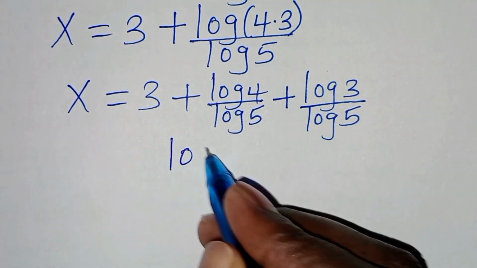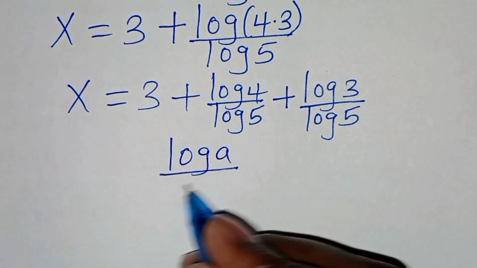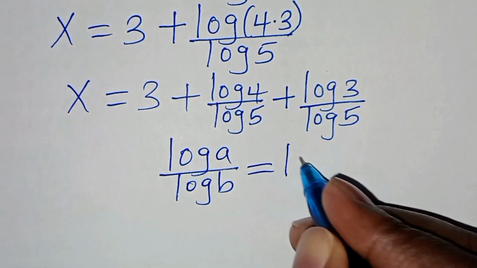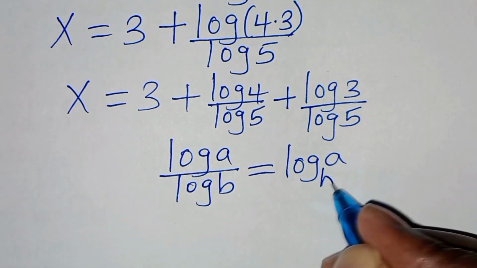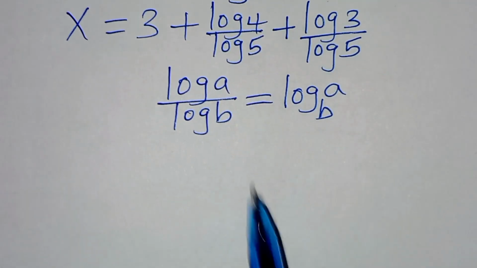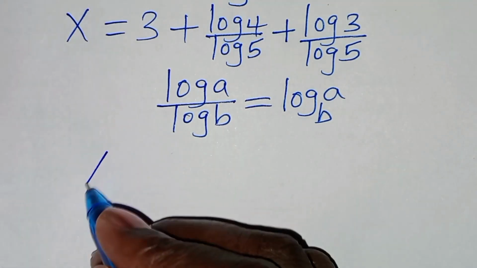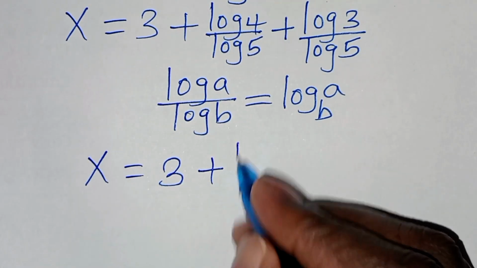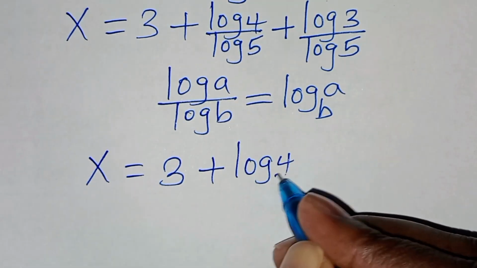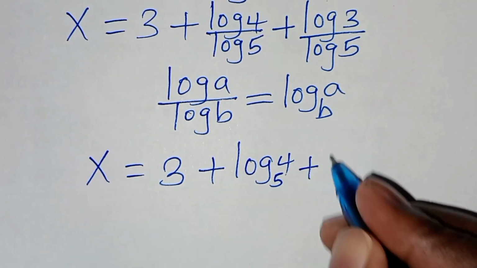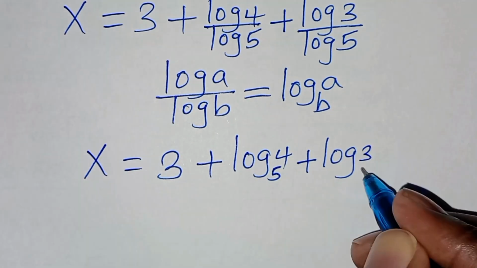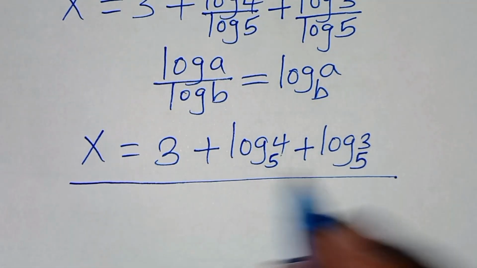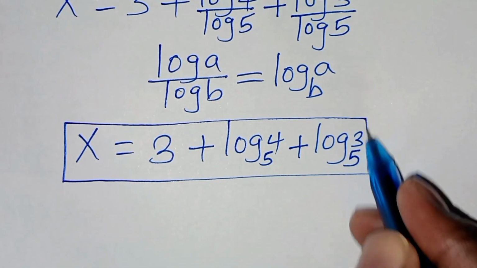This is in the form of log A divided by log B, which we can express as log A to base B. Applying this property, x is equal to 3 plus log 4 to base 5, plus log 3 to base 5. So this is the value of x.